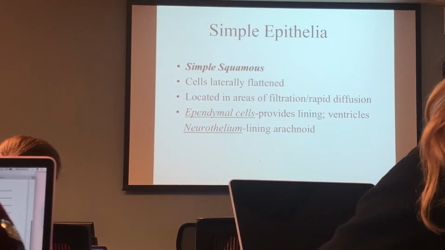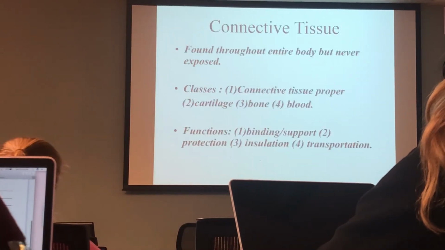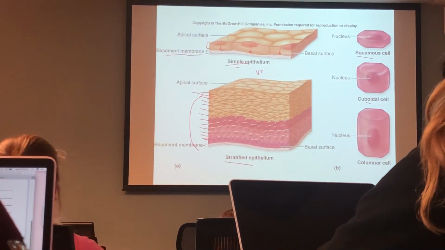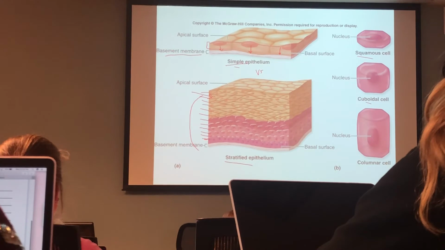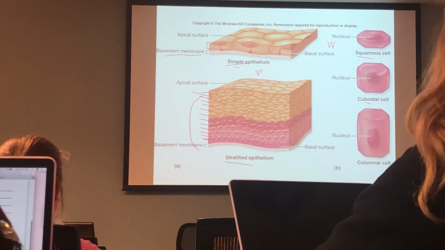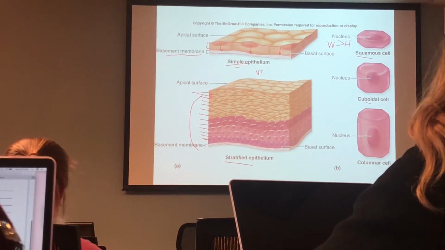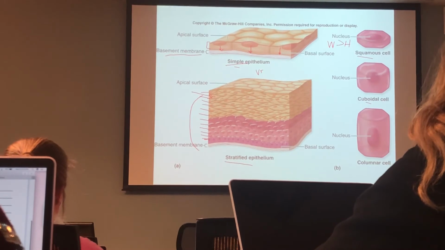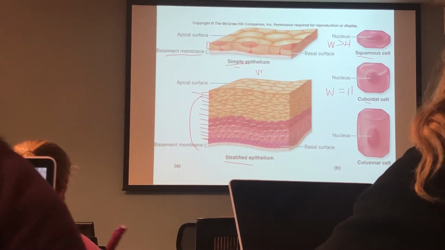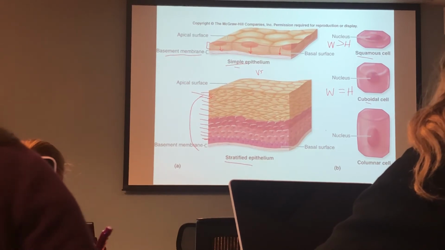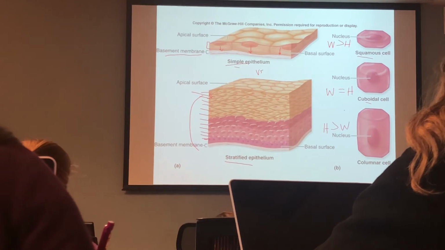Simple squamous, in this instance, the cells are laterally flattened. Just to be safe, in a squamous cell, the width is going to exceed the height. In a cuboidal cell, the width is the same as the height. And in a columnar cell, the height is going to exceed the width.